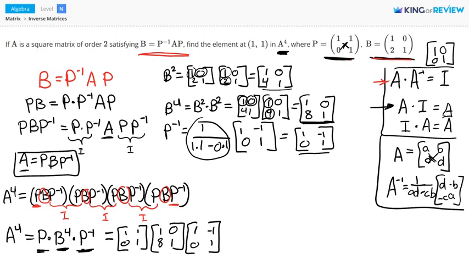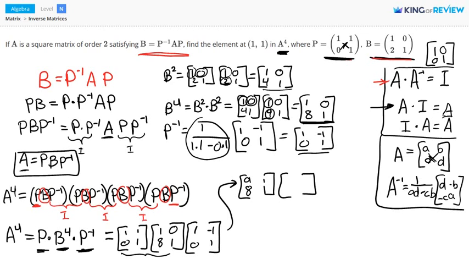So now what we want to do is multiply this out. We're going to start by multiplying this portion out. So when we multiply those first two matrices together, we're going to get 9, 8, 1, and 1. And then we still have to multiply it by that third matrix, which was the P inverse, 1, negative 1, 0, and 1.